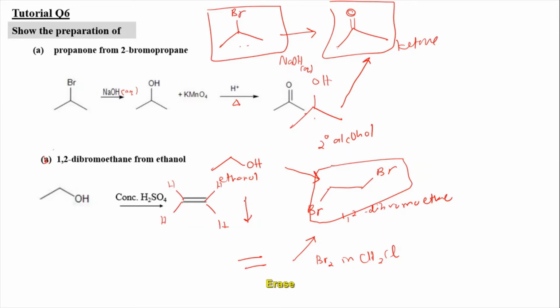Okay, so now I'm going to put Br on both sides. So logically, I need to put Br2 as the reactant. Okay, so add Br2 in the dichloromethane, and this is going to produce my product here, which is 1,2-dibromoethane. Okay.